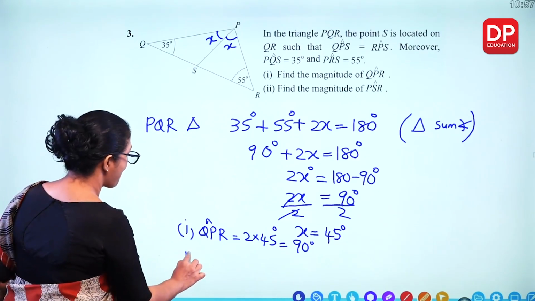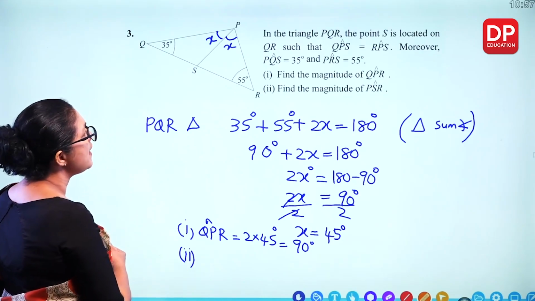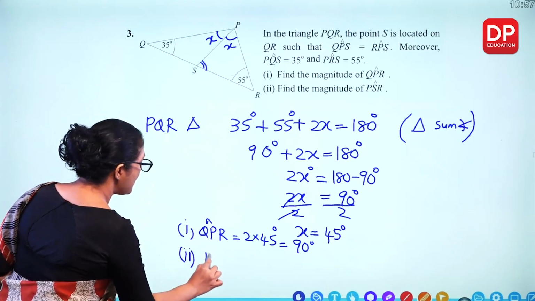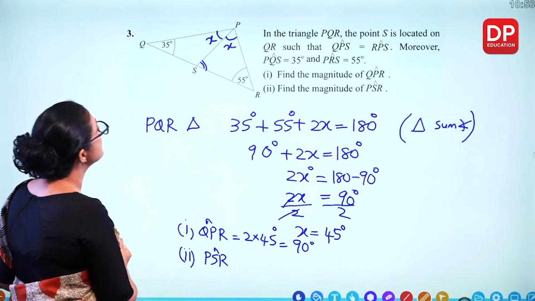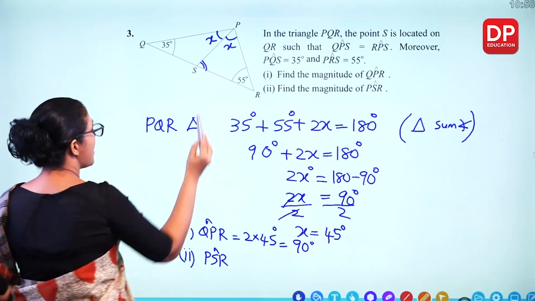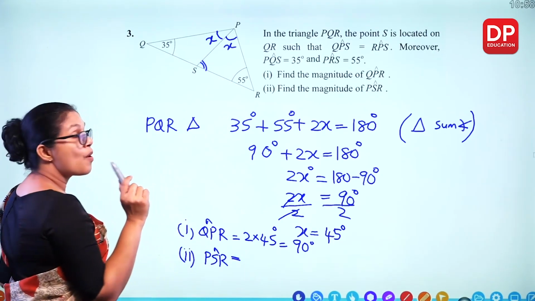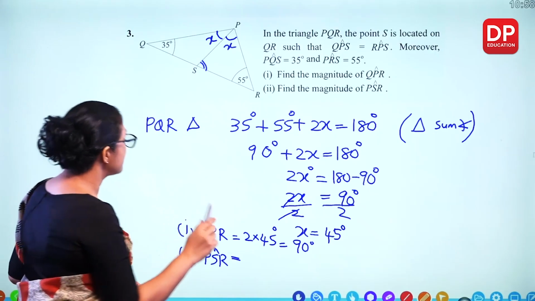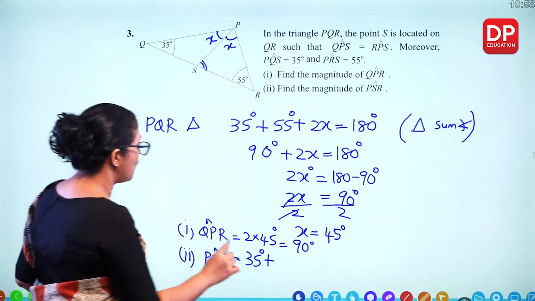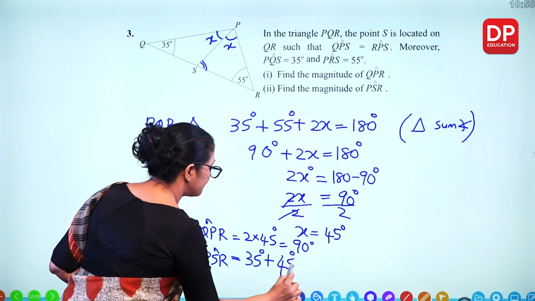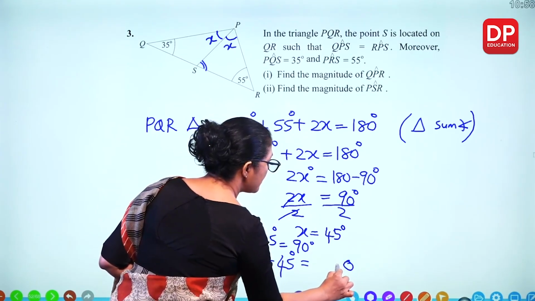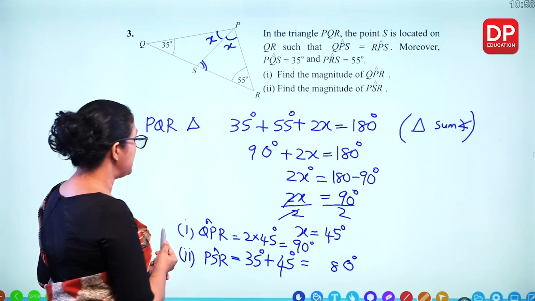Part 2, find the magnitude of PSR. PSR is this angle. So how do you find out PSR? When you take this triangle, this is the exterior angle. So exterior angle is equal to the sum of opposite interior angles. So 35 plus x. X we found 45 degrees. You get 80 degrees for PSR.